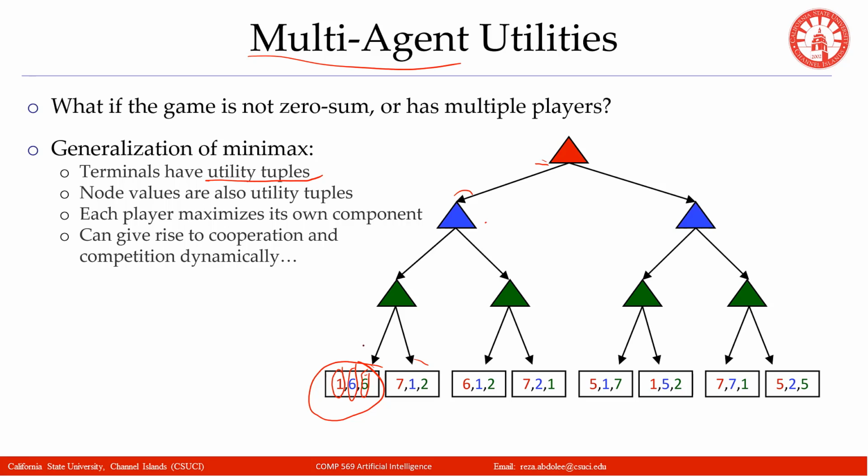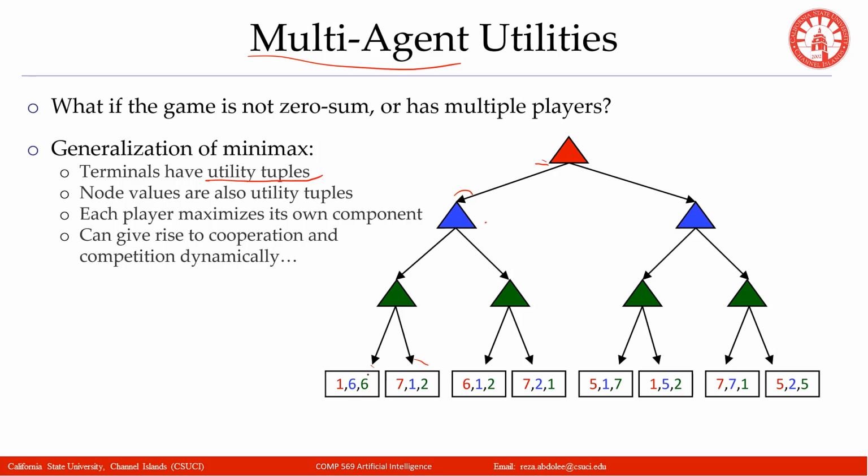So in this game, the players are somehow not adversarial. They are only looking to maximize their own utility value. They don't care about the utility of other players. But this could create competition or collaboration at random.